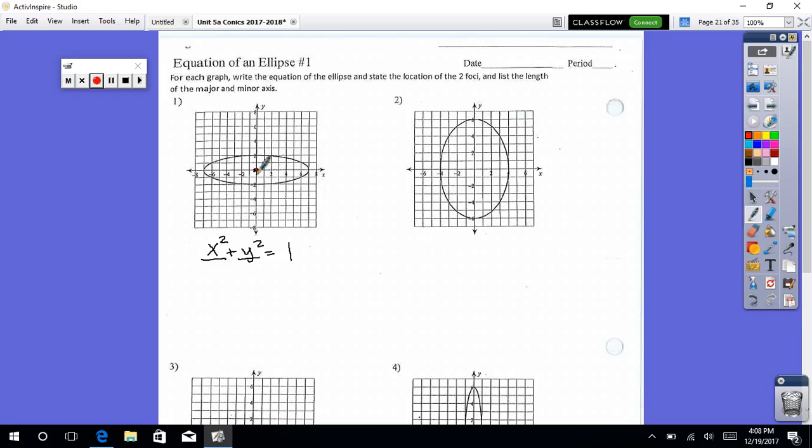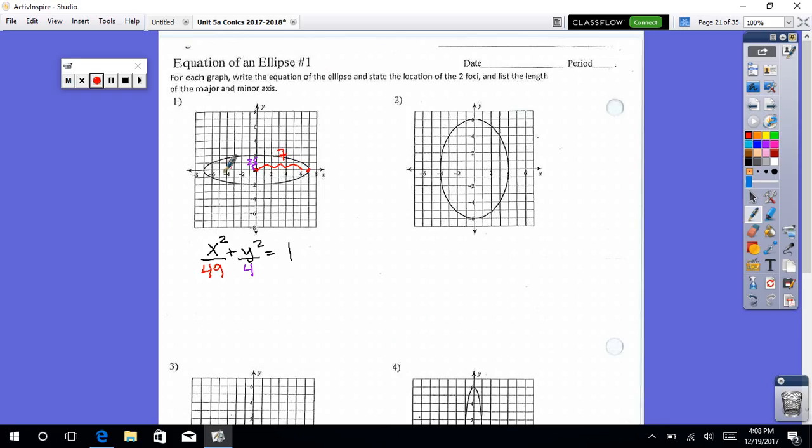The width of this, so from 0 out to here, is 7. 7 squared is 49. And from the center up, it is 2 units. 2 squared is 4.